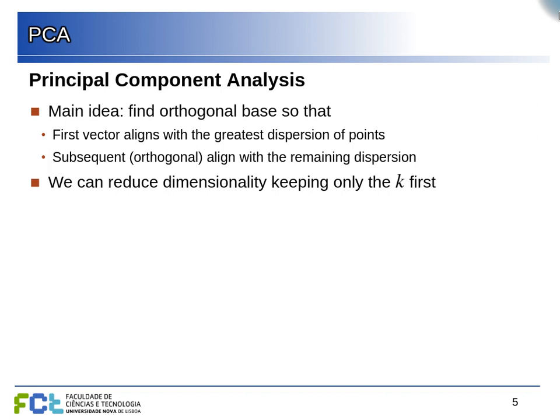The second vector is perpendicular to the first one and is aligned with the most of the remaining variance or the remaining spread, and so on. So we are going to align the shape of our cloud of points with the vectors in this new base. And then we can reduce dimensionality by keeping the first k vectors. So basically, principal component analysis allows us to reduce the dimension of our data set, preserving as much as possible of the variance after this reduction.